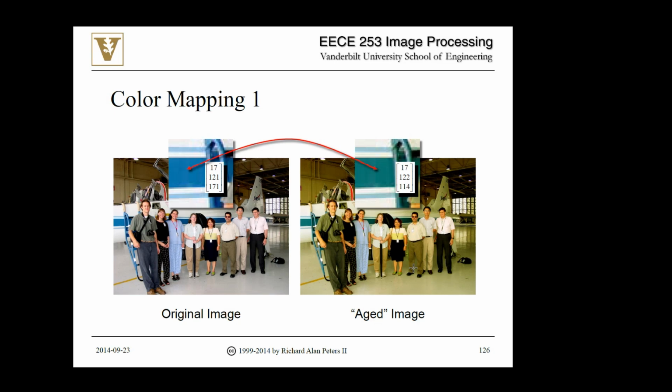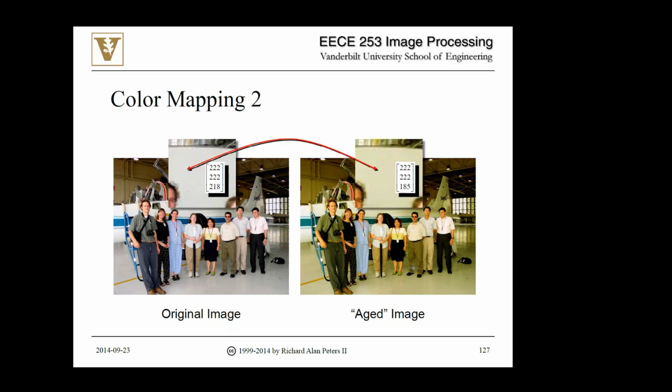We have to boost the blue value. We go from 114 to 171. You do the same for a few points. For this one, the red and green stay the same, but the blue will increase. Same for this one.